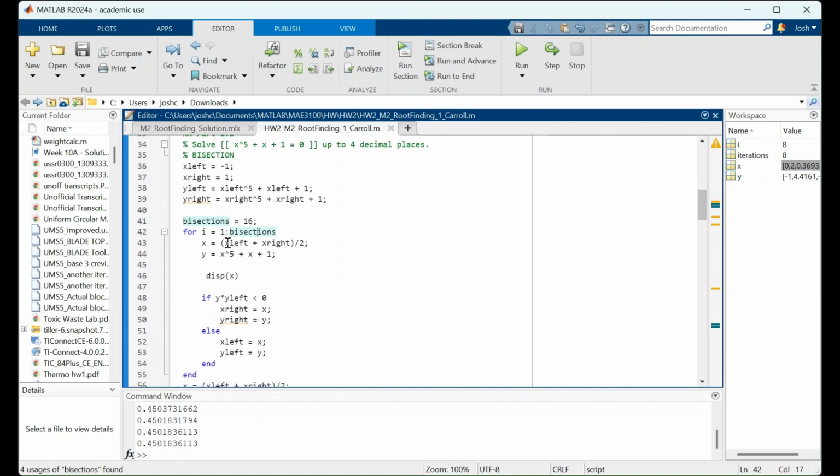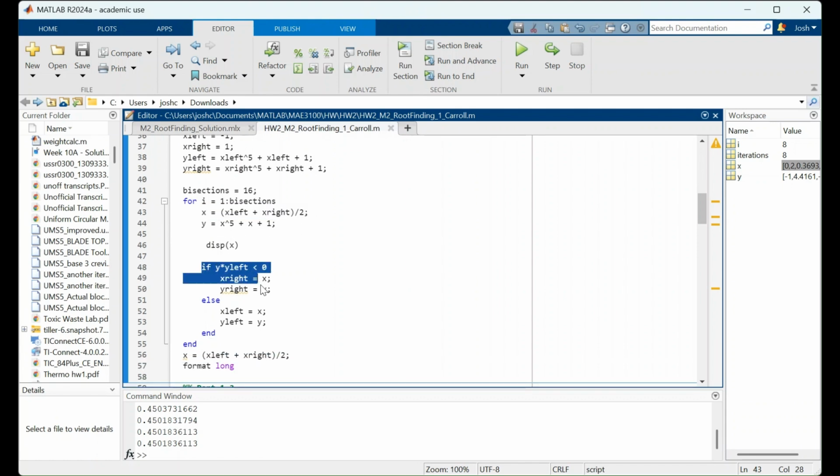You have your x's, your x equation, your equation for bisection, which is just picking the midpoint of your bracketed values. And then it just keeps on taking these midpoints for the better bracket. That's what this if statement does. Finds the bracket we need to converge to.